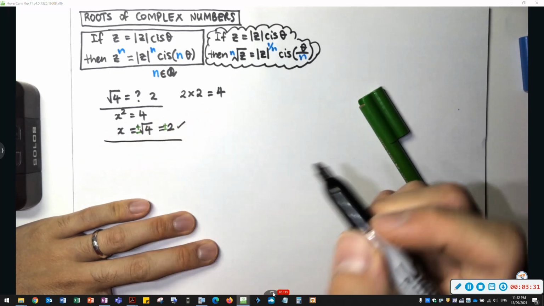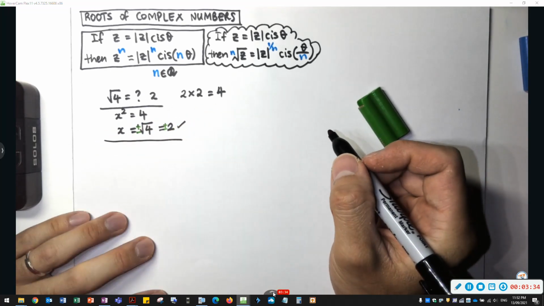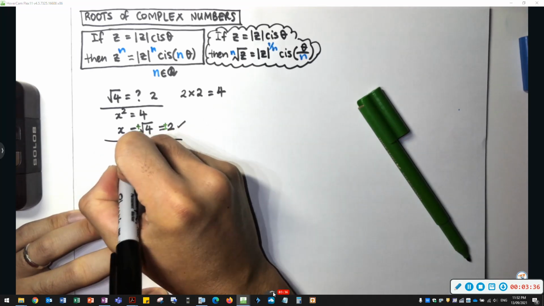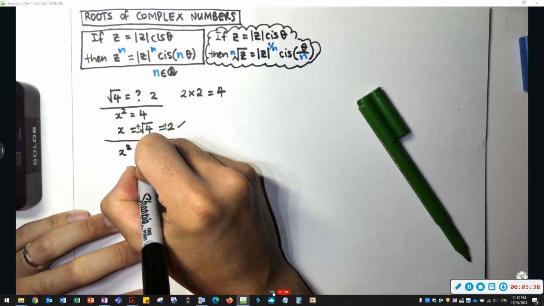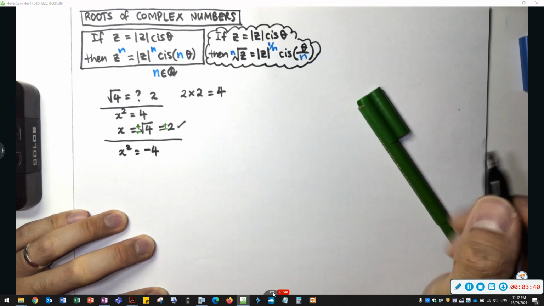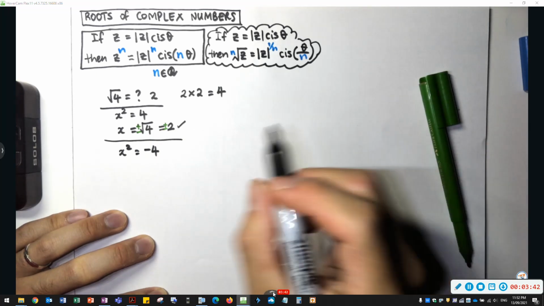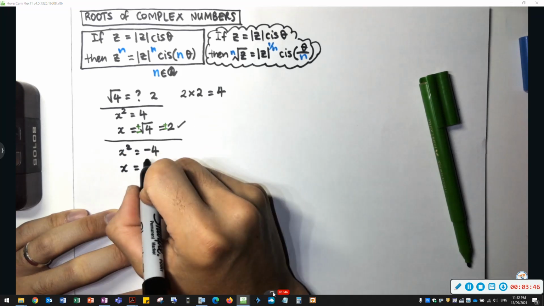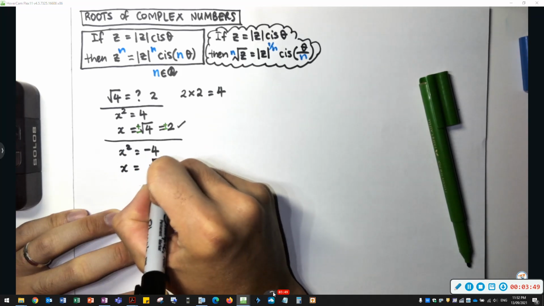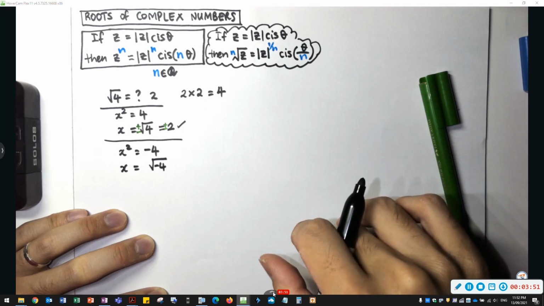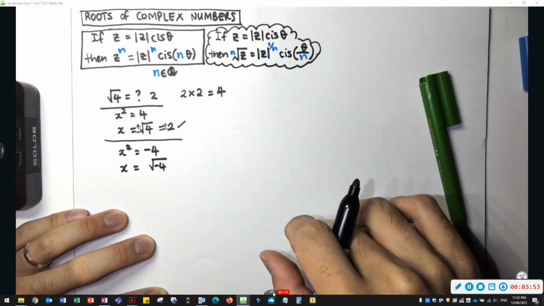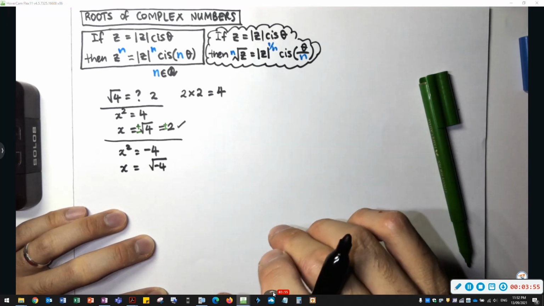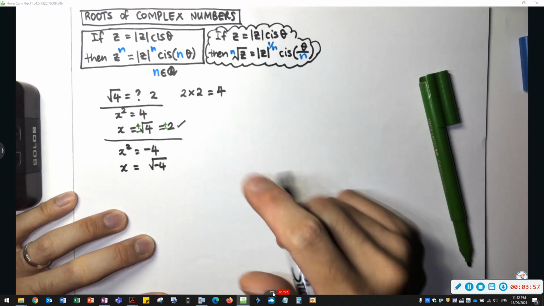Okay, that's not too bad. So what about solving the equation x squared equals negative 4? Okay, so you just started learning about complex numbers. So x should be the square root of negative 4. Do I need to put a plus and minus in front? Let's leave that for the moment and just figure out whether we need it at the end.